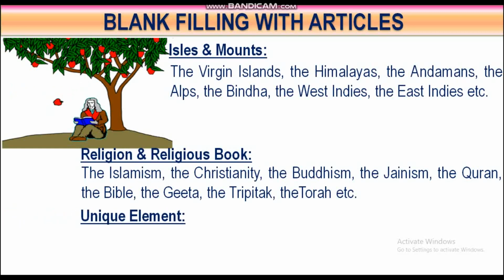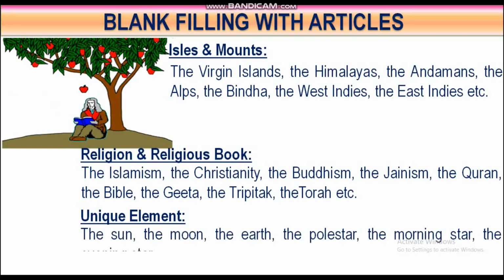Unique element. Unique elements means the element has no second one, like the sun, the moon, the earth, the pole star, the morning star, the evening star, etc. And before this unique element, the article "the" is used.